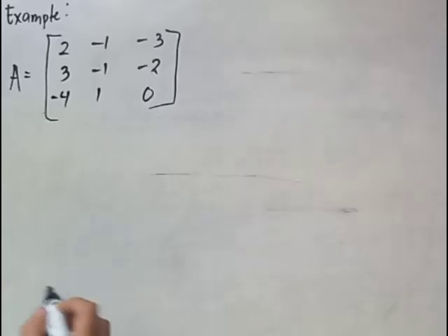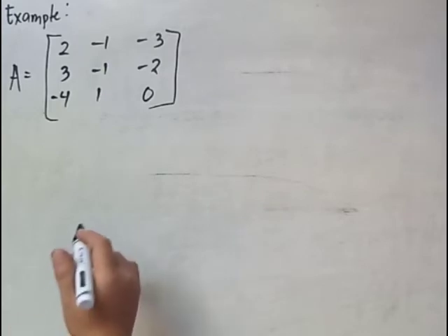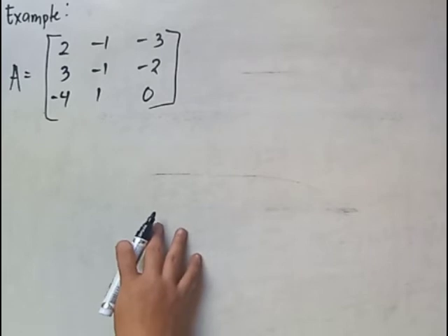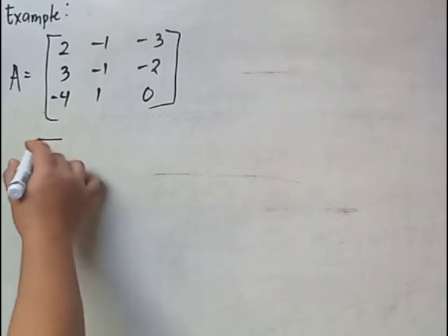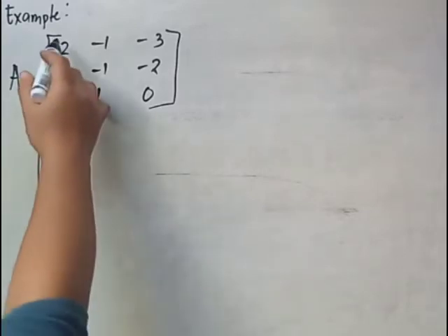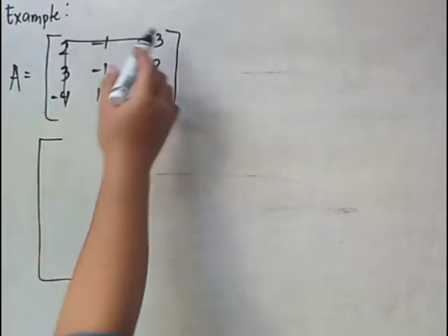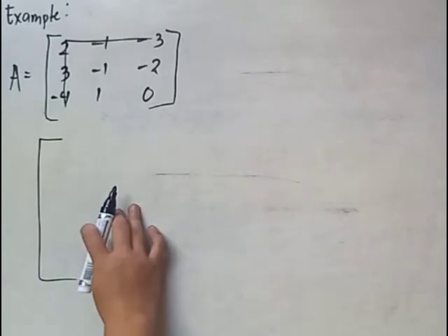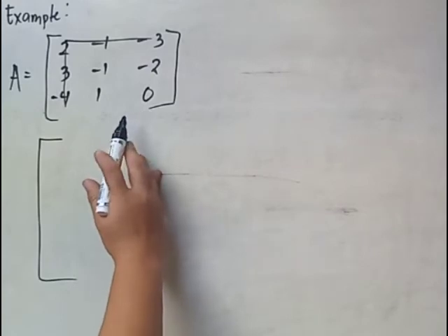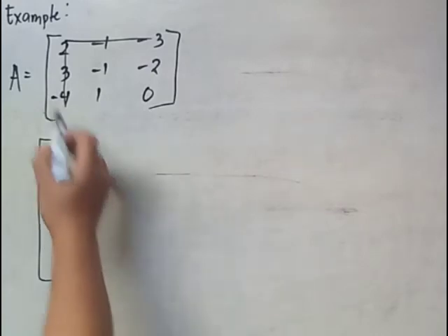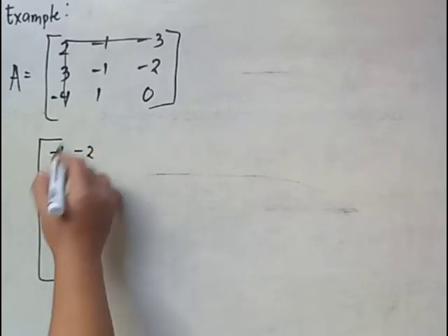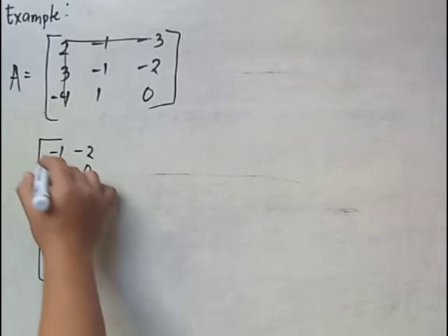Looking back at our matrix, the next step is to find its cofactors, which we've already discussed. In finding the cofactors, for every element we cancel out the row and column that align with it, and then get the remaining elements in the matrix. In our first element, we have negative 1, negative 2, and 1, 0.